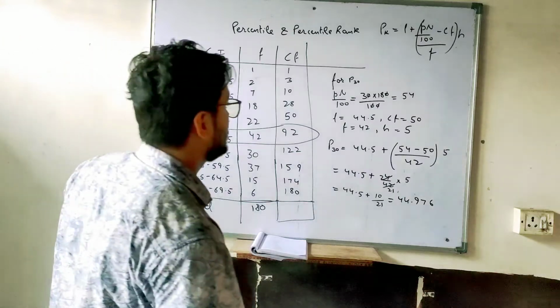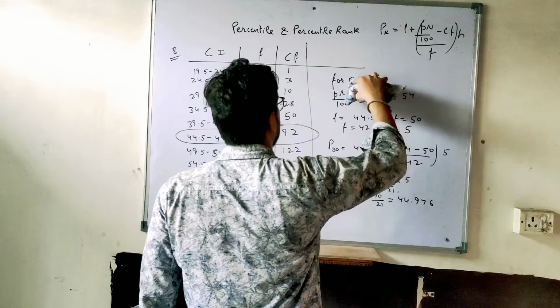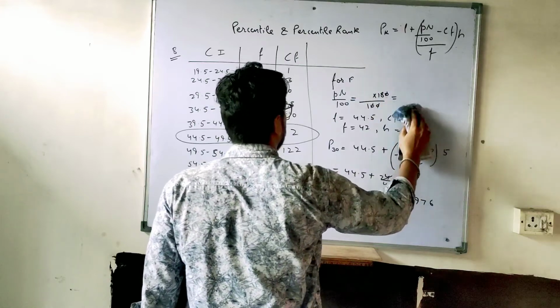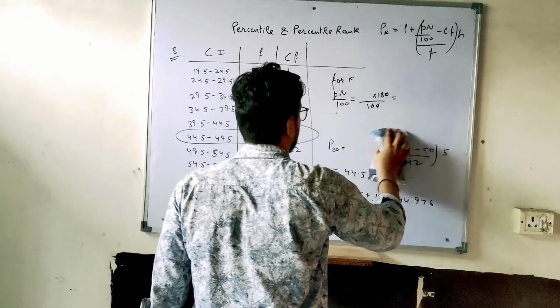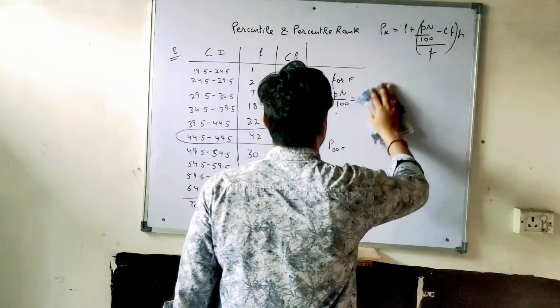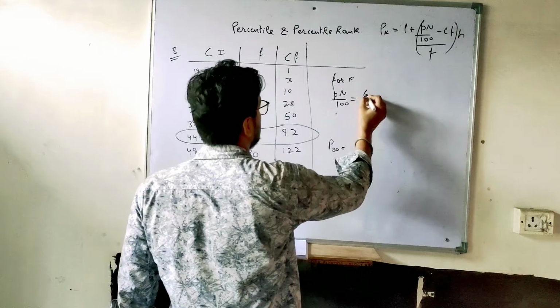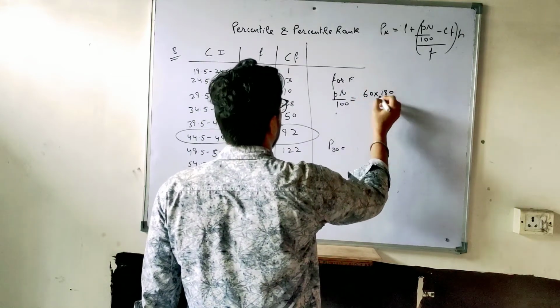So P60. Now in place of 30 just put 60, right? So everything will get changed. So we will write it again. P60: 60 multiplied by N value, which is 180, upon 100.